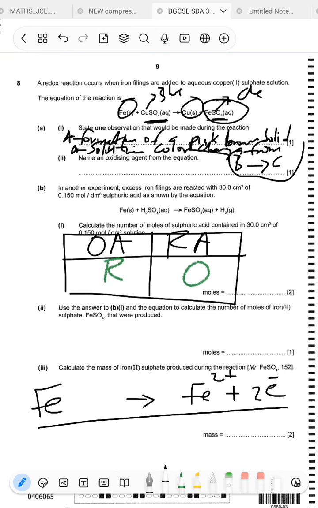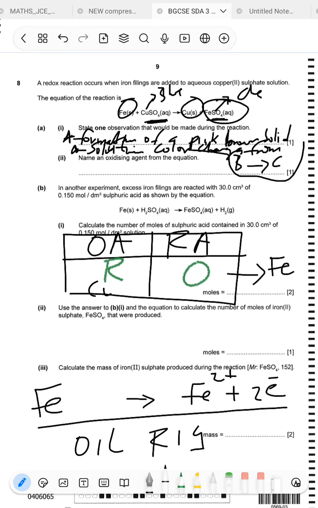If this thing is losing electrons, we use our OIL RIG to remember: oxidation is loss of electrons. So Fe is tied to oxidation. There are only two things there, the iron and the copper 2 sulfate, so the copper 2 sulfate is going to be this side.